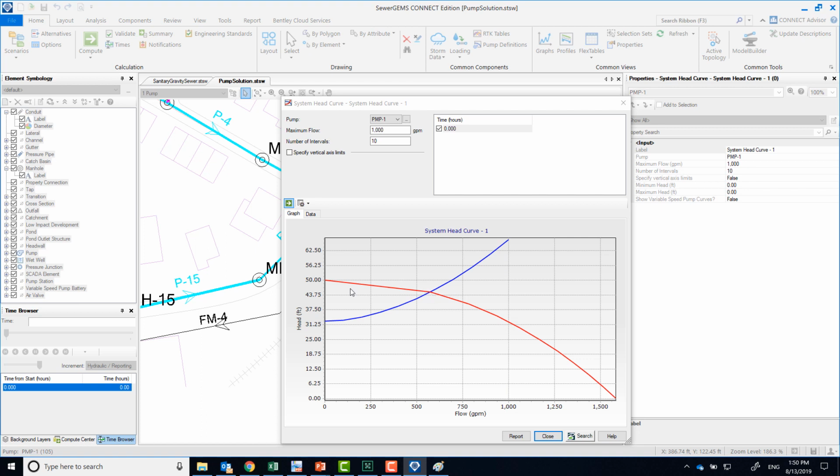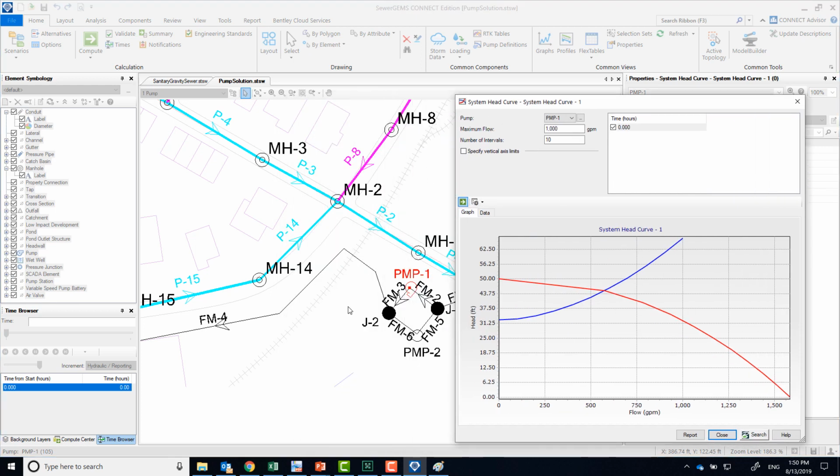But here what we can see is the blue line, remember, represents our system head curve. And this is a somewhat steep curve, and it represents what? It represents the pressure portion of the system that we are looking at. So exactly this first portion is our static lift. Remember we said it was 32 feet, so yes, we can add and subtract.